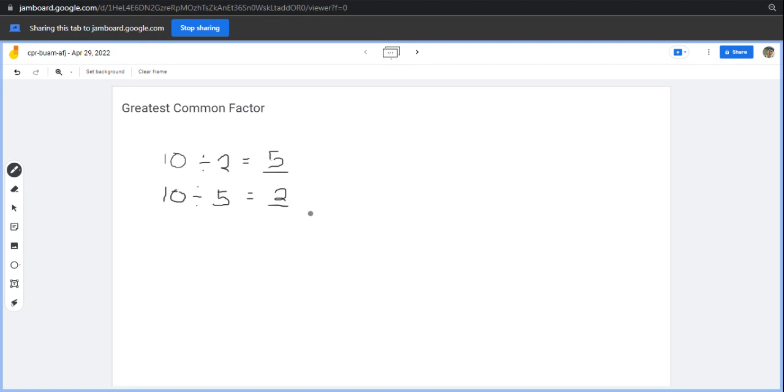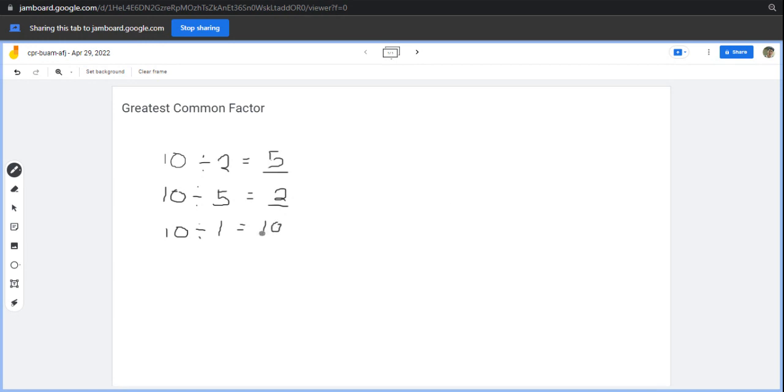So another one is 10 can be divided into 1. And what is 10 divided by 1? 10. If we have the 10 and we group it into 1, so we have 10 also.